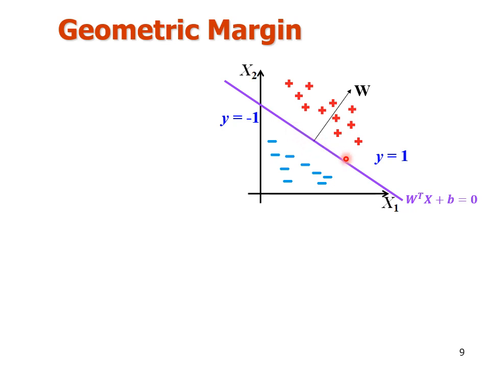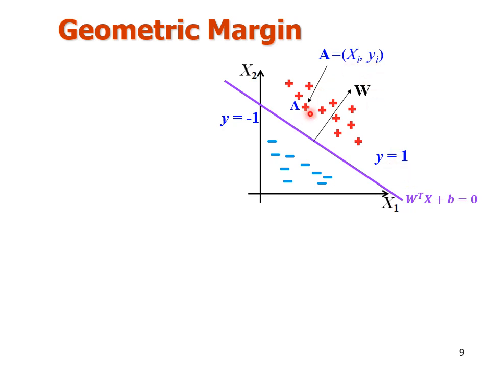Now consider one data point shown here as A. This data point represents the input xi of some training example with the label yi equal to 1.